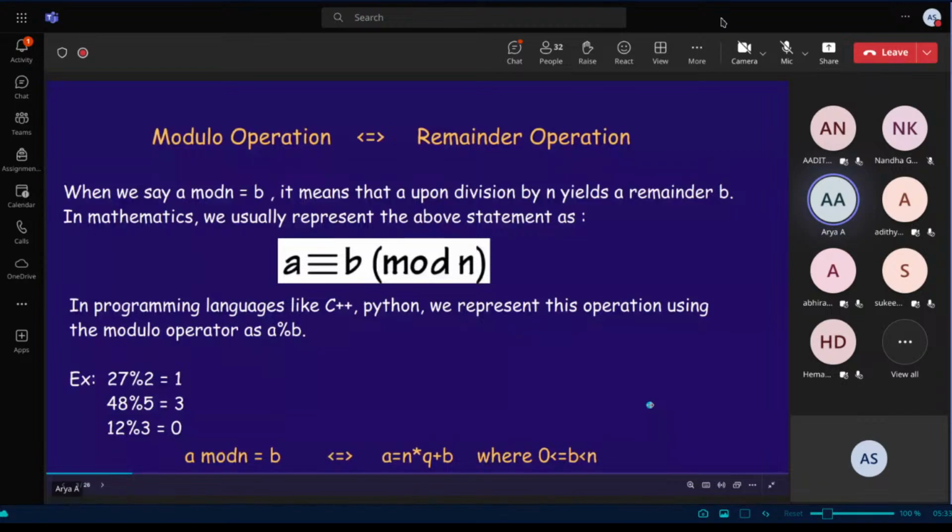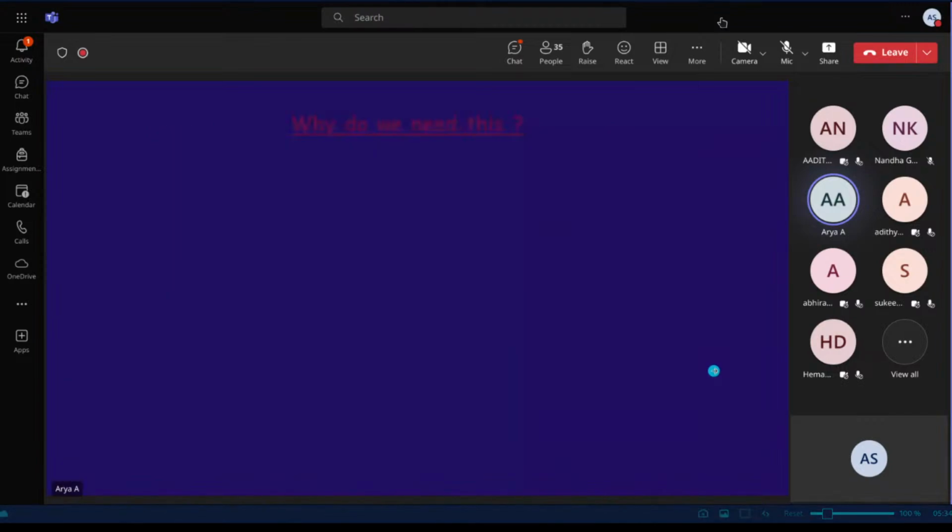In this form, we do not worry much about the quotient. One important condition is that B is between 0 and n. It can be 0, but the maximum value it can take is n minus 1. All of A, n and B must be integers, and n obviously cannot be 0 because division by 0 is not defined.